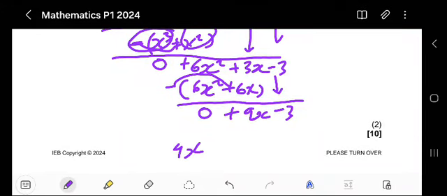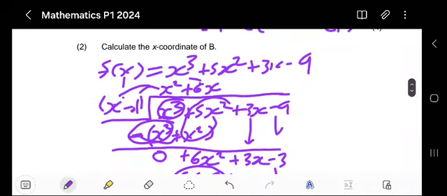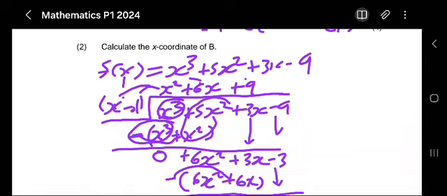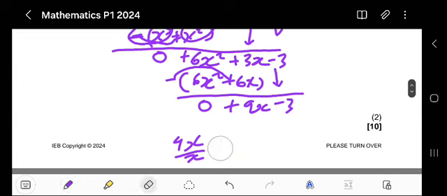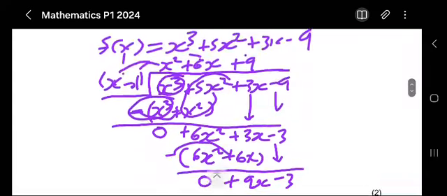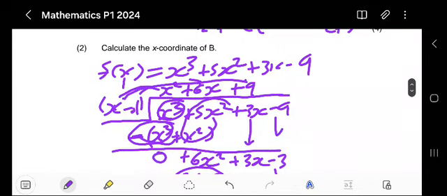9x divided by x, again simply have what? 9. You write this 9 here, plus 9. You multiply there again on that bracket, but do not forget the minus is always here. 9 multiplied by x will be 9x.